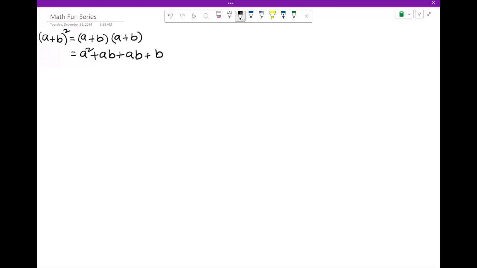For the multiplication, you get these things. If we add these two things up, then we will get a square plus 2ab plus b square. So this is our formula number 1.